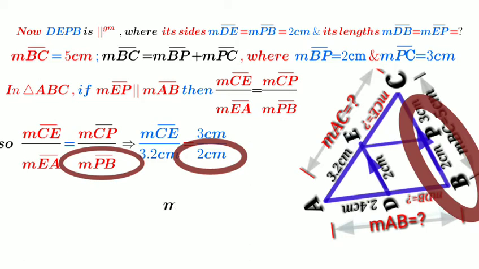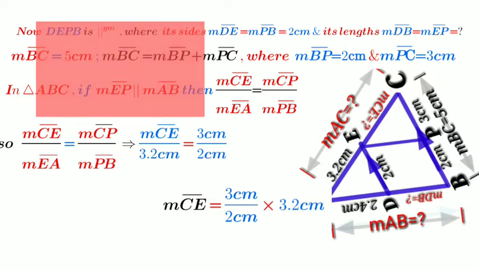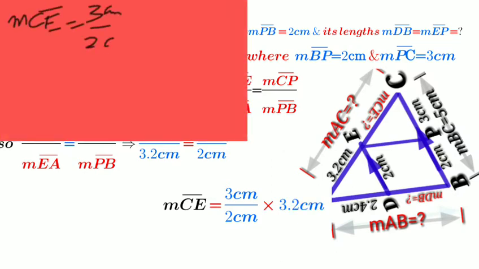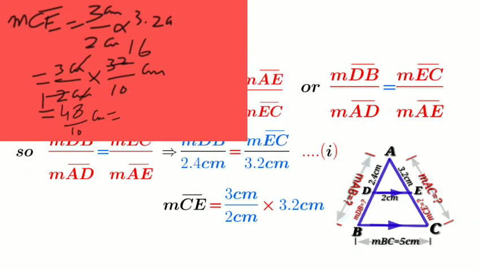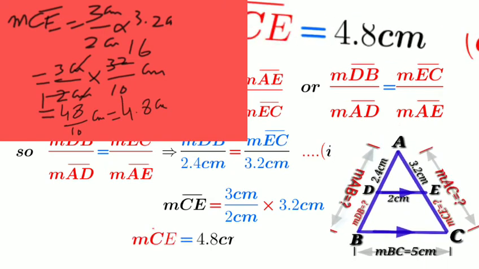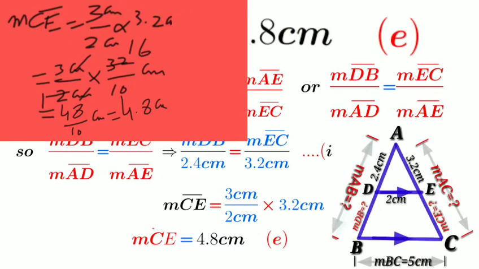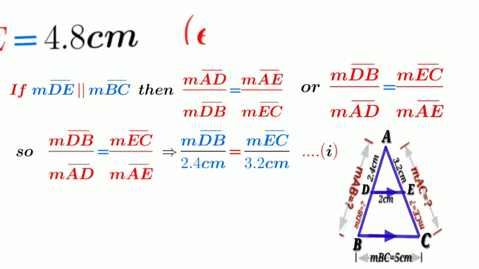So the value of side CE is equal to the ratio of 3 centimeter and 2 centimeter multiplied by 3.2 centimeter. So the value of side CE is equal to 4.8 centimeter.